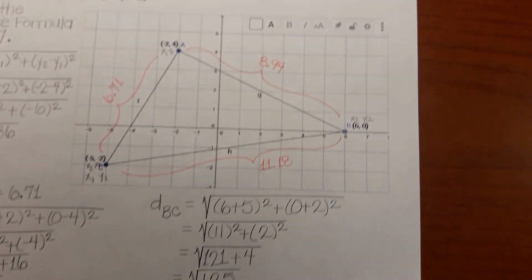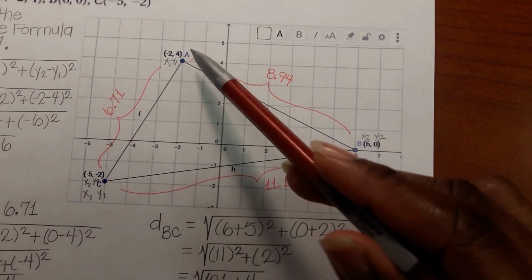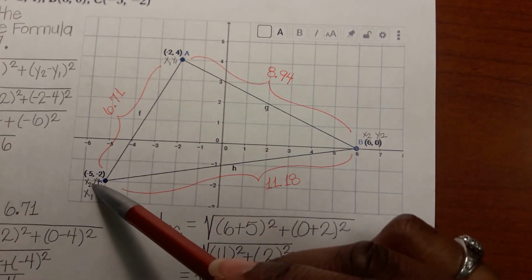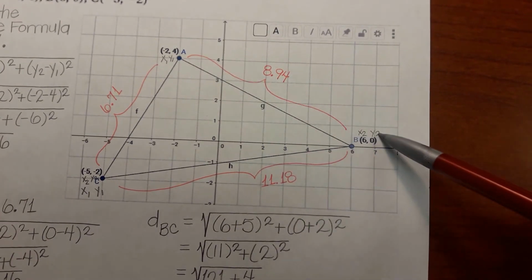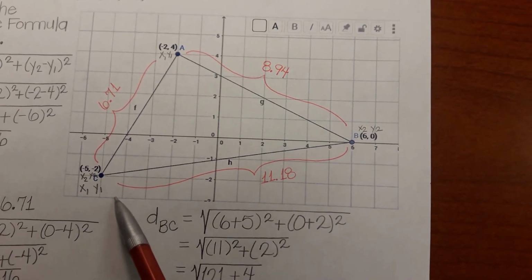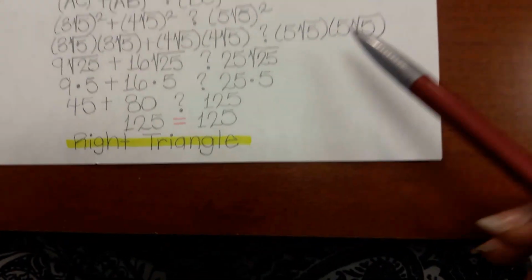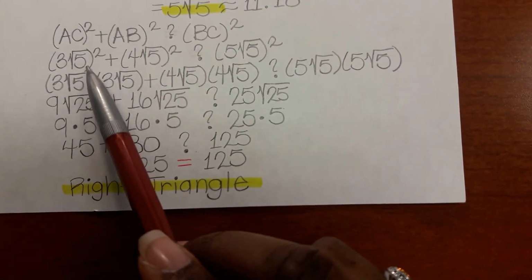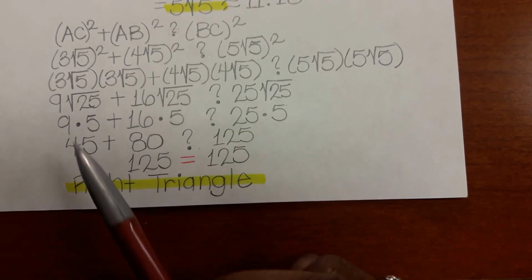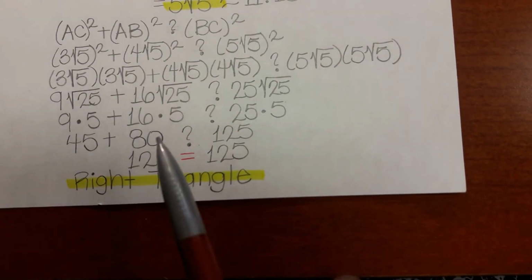So again, I squared the AC plus squared my AB, and I'm assuming that it equals BC squared. If you notice, I used my radical form, not my decimal form, because I want an exact answer.